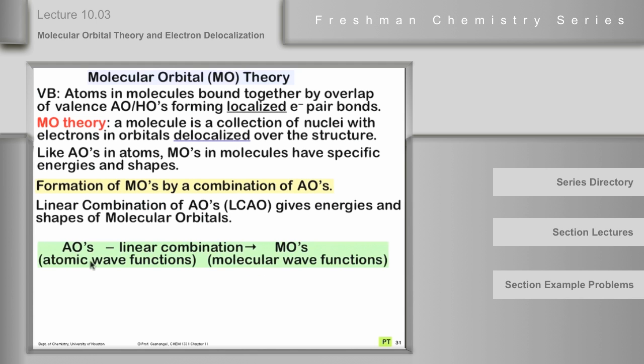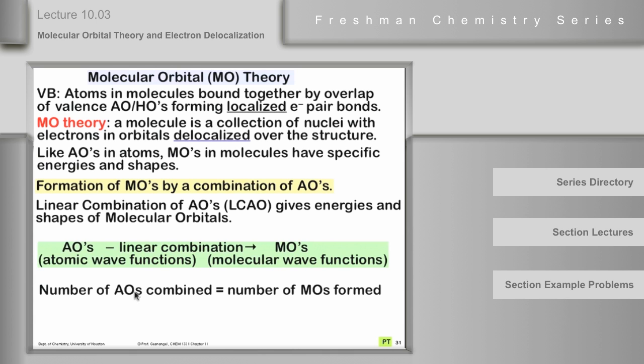Okay? So atomic wave functions are combined mathematically to produce molecular wave functions. The nice thing about this is for simple molecules like these diatomics, you don't really have to do any mathematics except add and subtract. And you don't really add and subtract any numbers. You add and subtract the atomic orbital shapes.